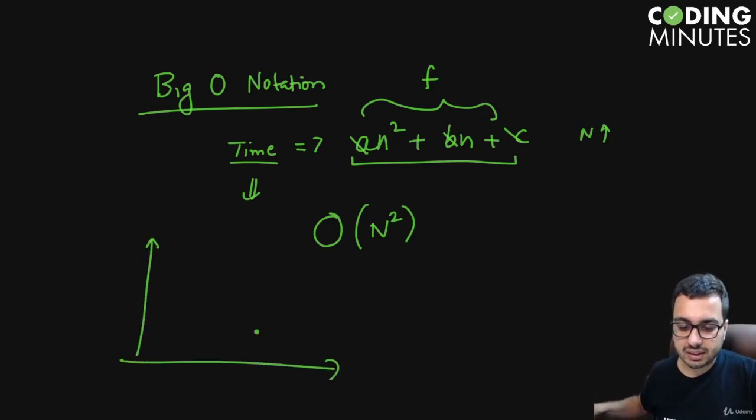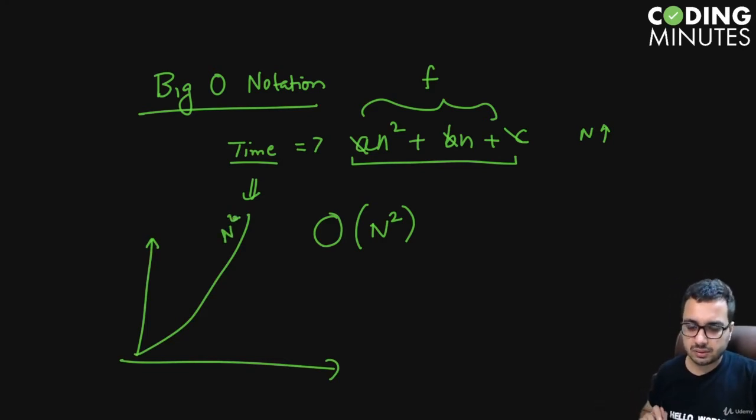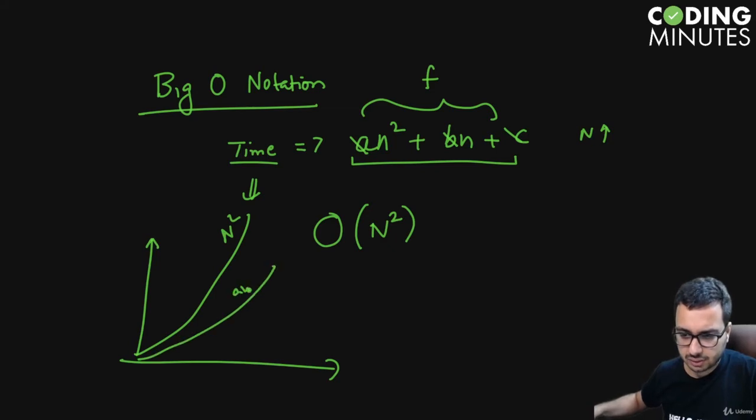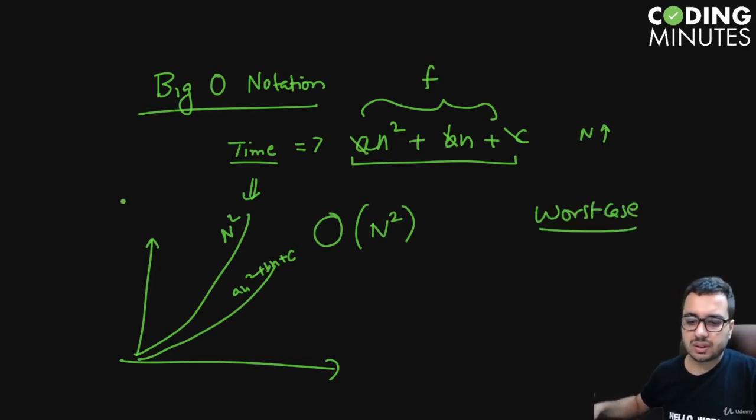What it basically tells us is that in the worst case, whatever the time complexity of this particular algorithm, let's say this curve a n square plus b n plus c, our time is not going to exceed order of n square.